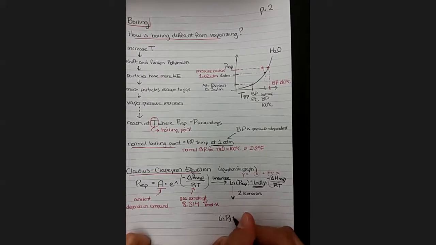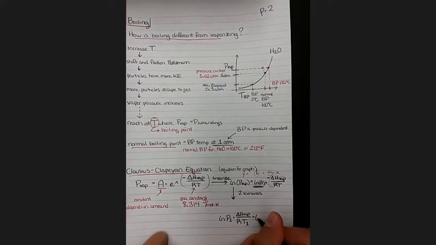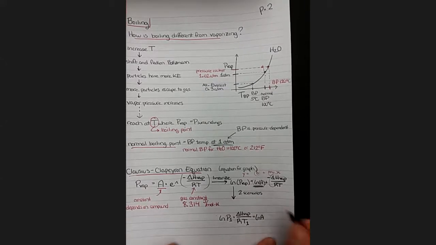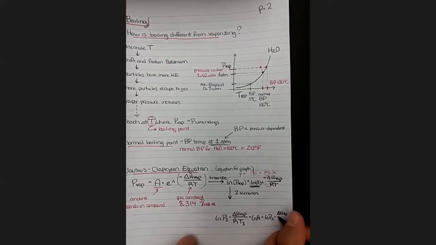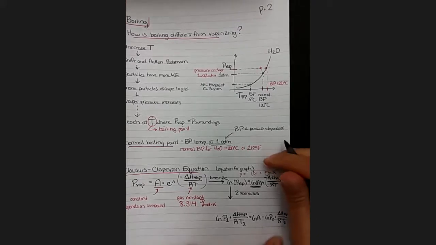So we'll end up with natural log of P1 plus delta H vaporization, which is the same all the time, over R, which is the same all the time, times T1. That's equal to natural log of A. And if I took the same equation in scenario 2, that would also be equal to natural log of A. So natural log of P2 plus delta H of vaporization over R times T2.